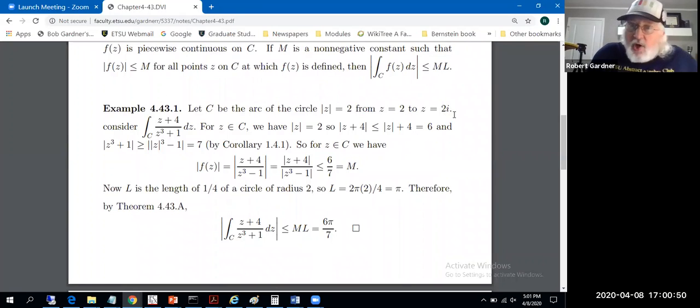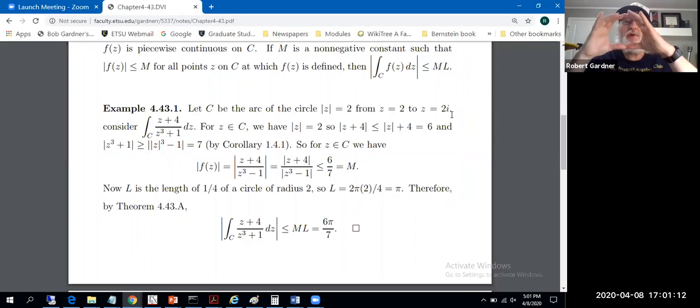By this stage you ought to be getting the ability to visualize that. We've got the circle, radius 2, centered at 0 in the complex setting. And we're taking the piece of it from z equals 2, on the positive real axis, to z equals 2i, on the positive imaginary axis.